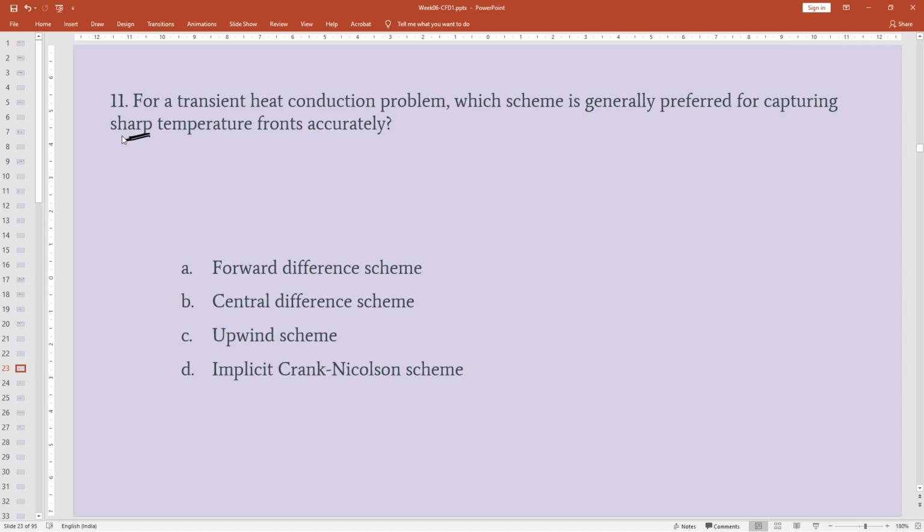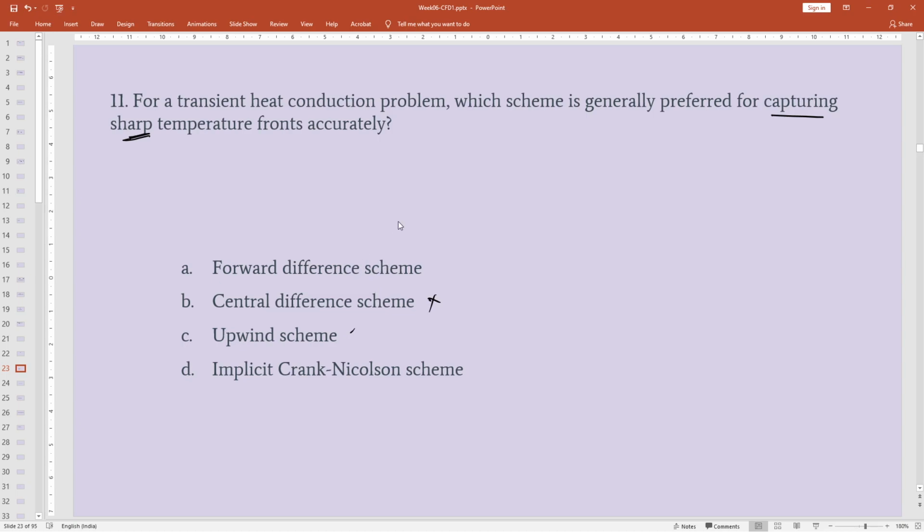So our objective is to capture sharp temperature fronts. We know that central difference can be used. So the options are forward difference, upwind, and implicit Crank-Nicolson. Actually, the upwind scheme is a modified forward difference or backward difference scheme.